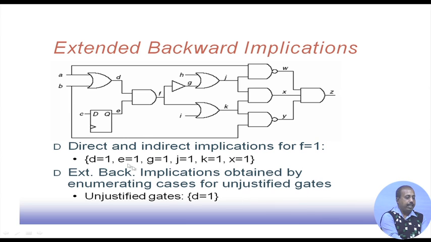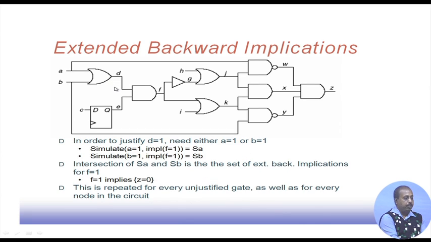For setting f equal to 1, one implication is d equal to 1, but its inputs a and b are still unjustified. So, d equal to 1 is an unjustified case and we need to backtrace further. In order to justify d equal to 1, we will need either a equal to 1 or b equal to 1.